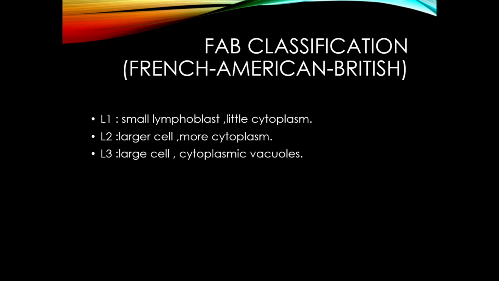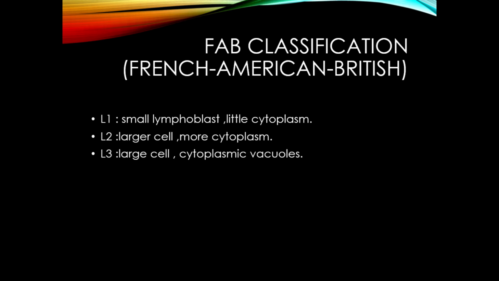Now we're going to go over the classifications. There are 2 main types of classification. The first one is an old one, and it is not used commonly nowadays. It is called the FAB classification, which is the French, American, British.